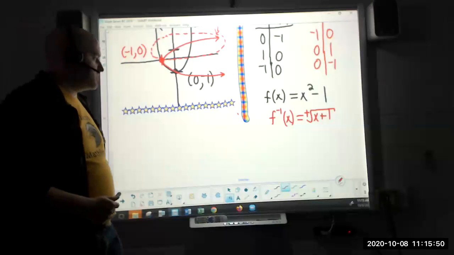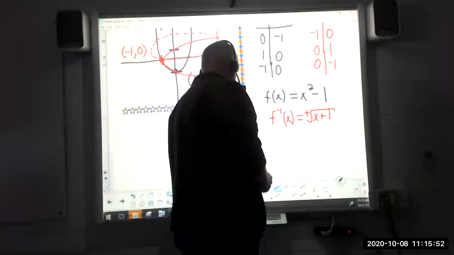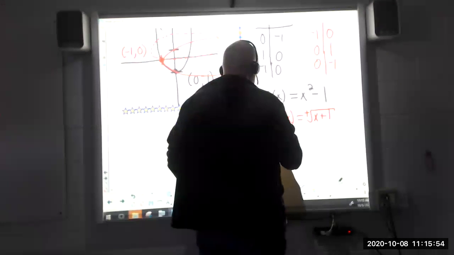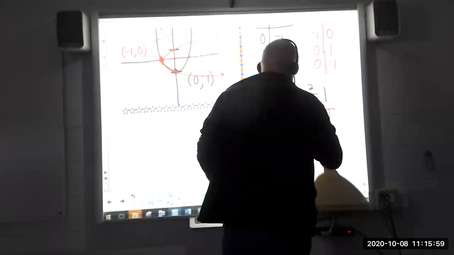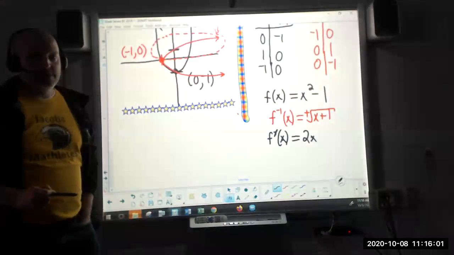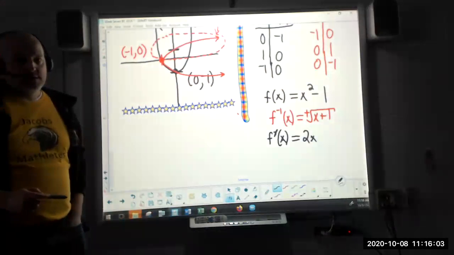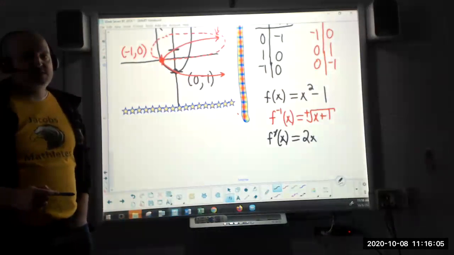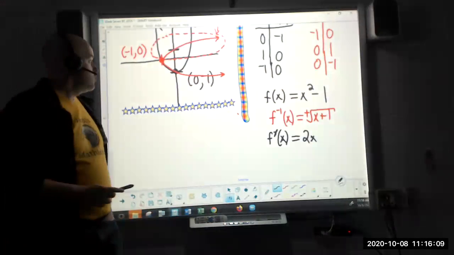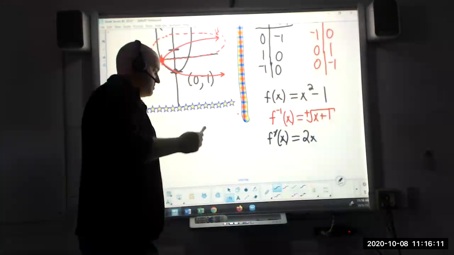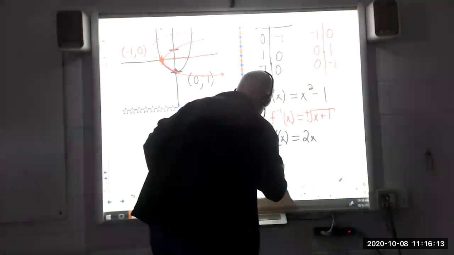So we have something much more interesting here if we start trying to do a slope table. All right. The slope, f prime, is not the same value every time, is it? No. We know that's true because it's a curve. It's got a different rate of change. Okay.